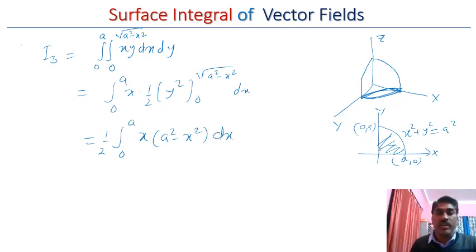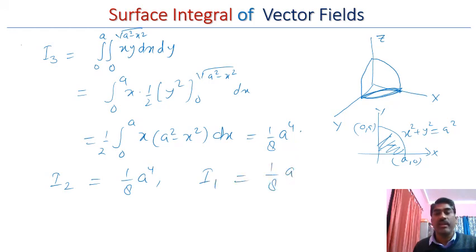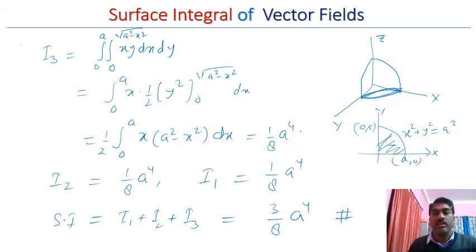I hope you can integrate this very easily, and you will get 1 by 8 a to the power 4. Similarly, when you integrate I2, you will get 1 by 8 a to the power 4, and when you evaluate I1, you will also get 1 by 8 a to the power 4. Because the surface integral is I1 plus I2 plus I3, we again get 3 by 8 a to the power 4. So this is how we integrate directly, and we have also integrated using the projection rule.